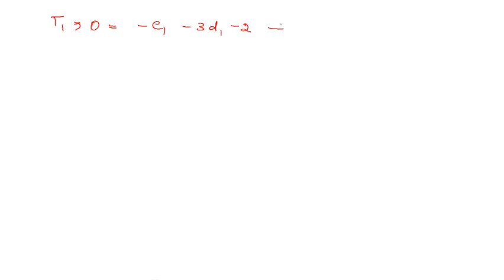I have named that equation C. And for equating theta, the left hand side is 0, and the right hand side is minus d1 minus 1, and I named this equation D.